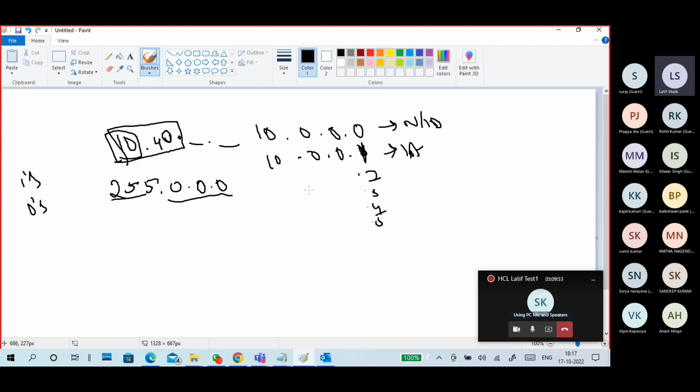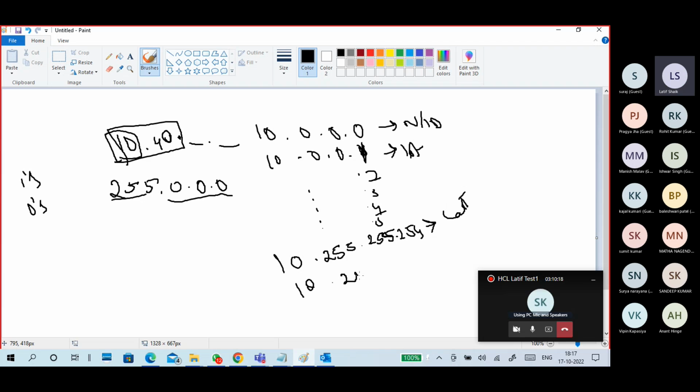Finally, you reach 10.255.255.254. It is the last one. Up to here, we can assign valid addresses to devices.